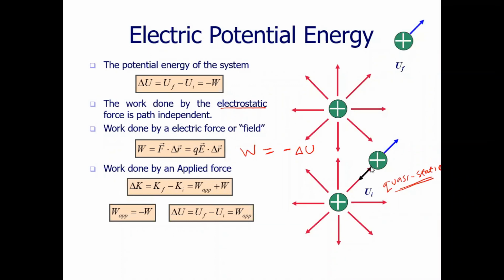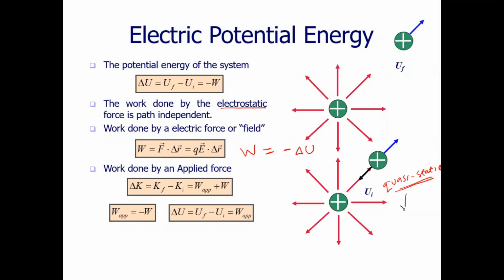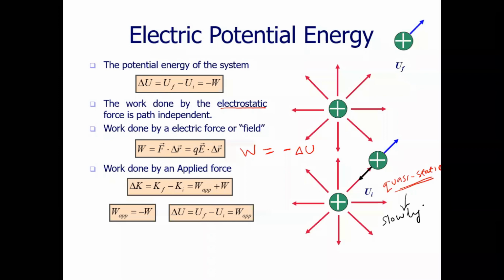Quasi-statically, we say that it's moving very, very slowly in such a way that it can be considered to be always in equilibrium. What does quasi mean? It means that something looks like it, but it actually isn't, so to speak.